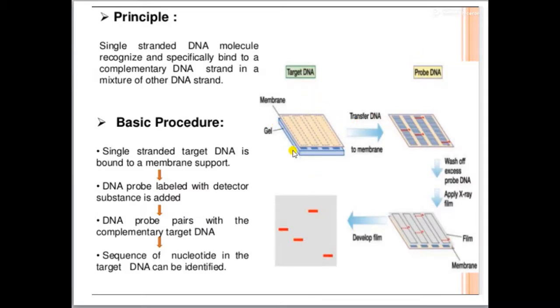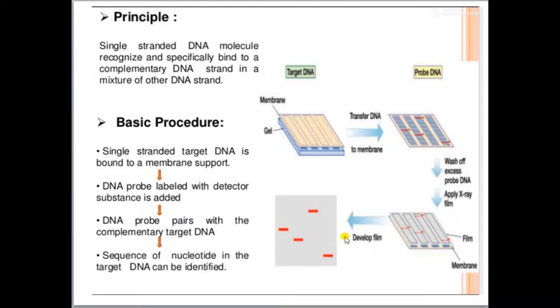Now the gel which is used is for another process in which the DNA from a gel is transferred onto a membrane. But in our case, it is a colony or a plate from which we are transferring the DNA onto the membrane. The probe DNA, which is also a single-stranded DNA, binds specifically to the desired gene of interest, and you wash off the excess probe DNA, and then you apply it on an X-ray film and develop the film.